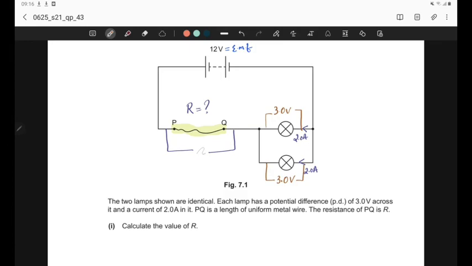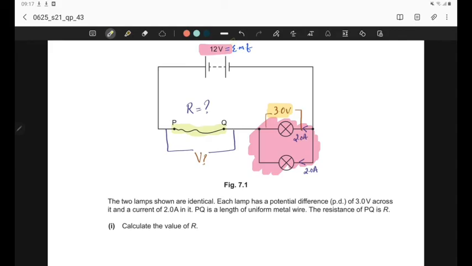First we can see the voltage drop across PQ, and it's already mentioned in the question. The total voltage produced for the whole circuit is 12 volt, that is the EMF. Across this parallel combination, the voltage is 3 volt, because in a parallel combination the components use the same voltage.